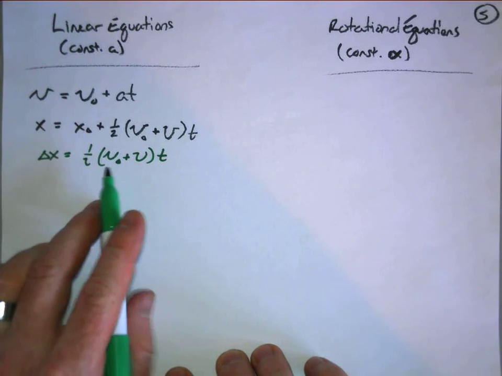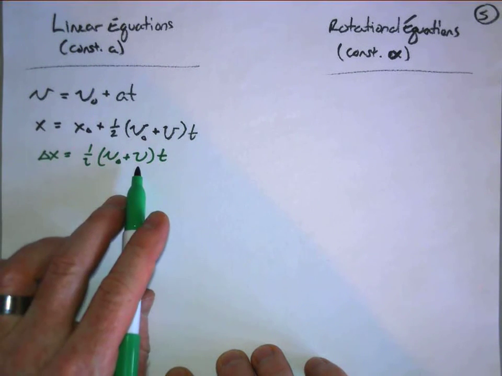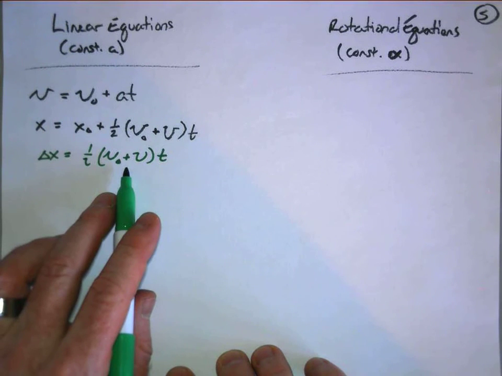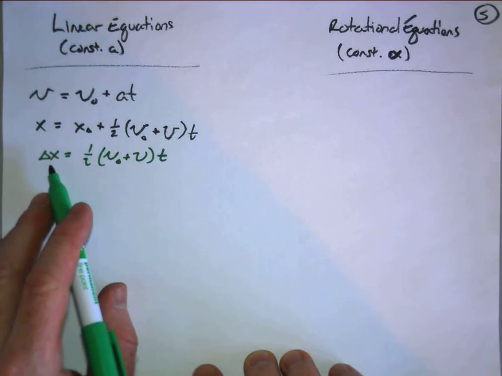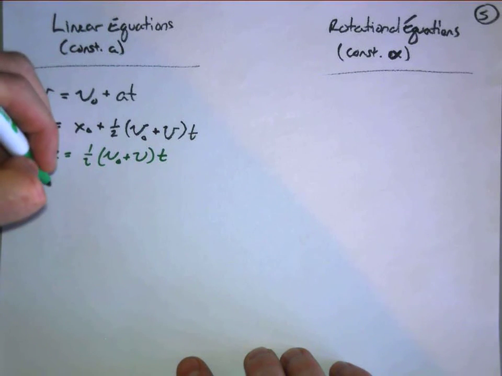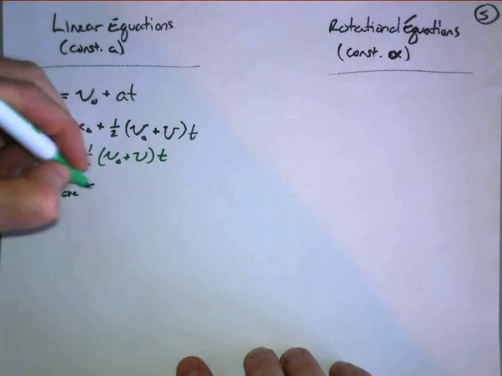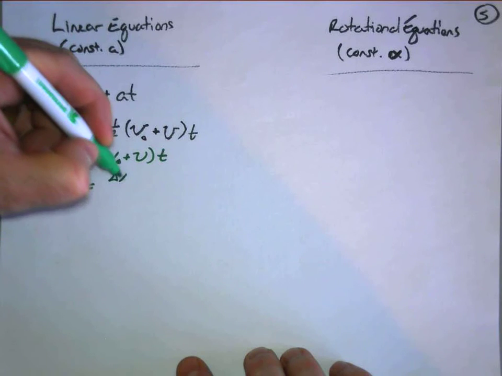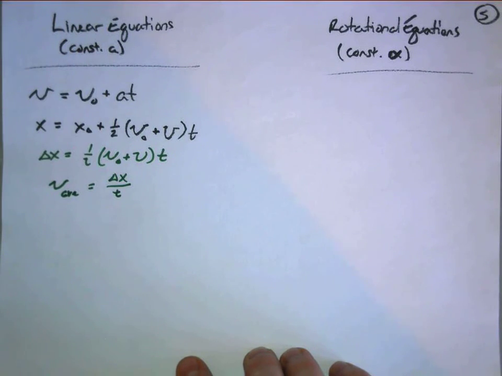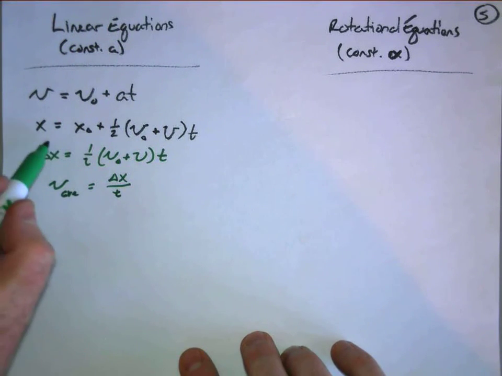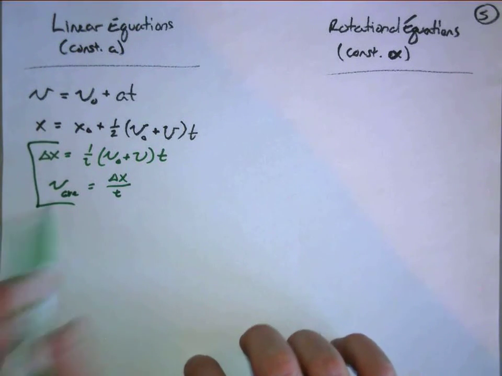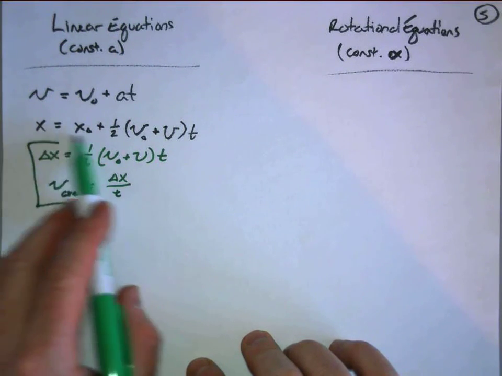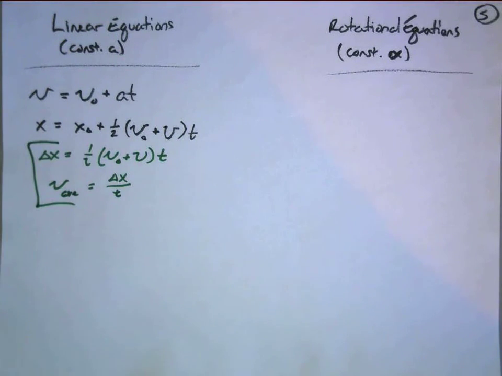Well, initial plus final divided by 2 is really your average velocity, right? Average velocity times time is your change in position. So really this equation boils down to this. So I'm going to put this in sort of a bracket and separate it off. These two are just this equation right here rewritten.